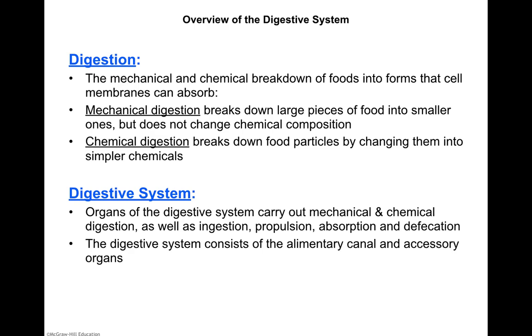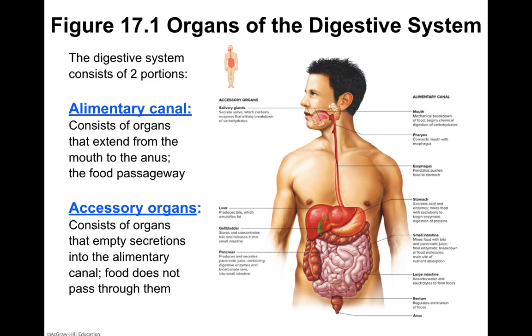So in total, our digestive system consists of the alimentary canal and a number of accessory organs, most of which are associated closely with the alimentary canal, that assist in these processes: ingestion, digestion, propulsion, absorption, and defecation. The alimentary canal consists of those organs from the mouth to the anus.